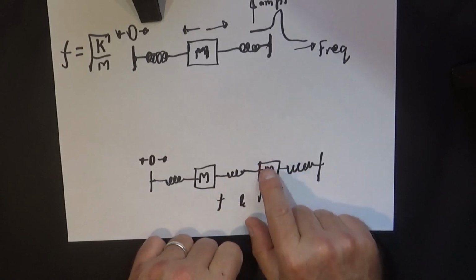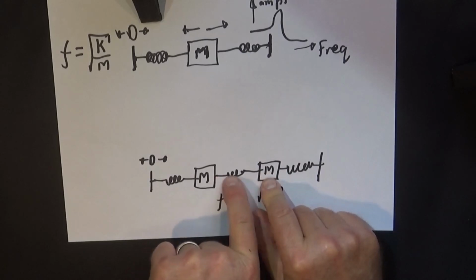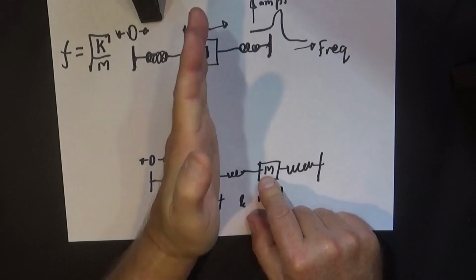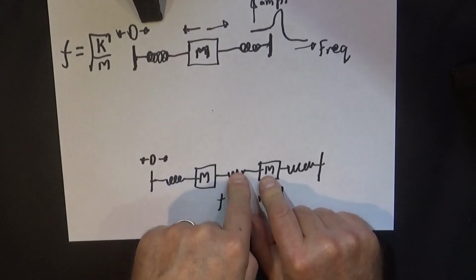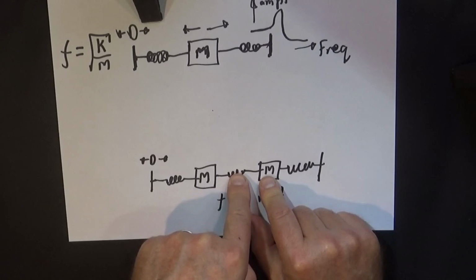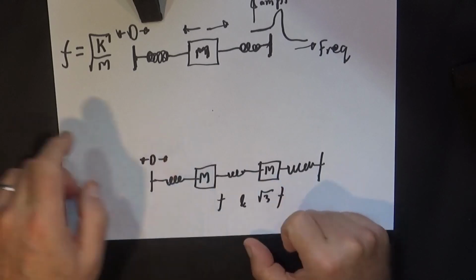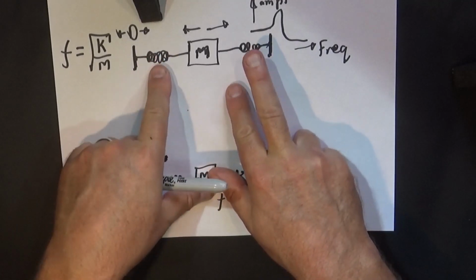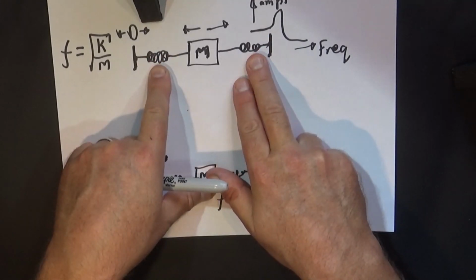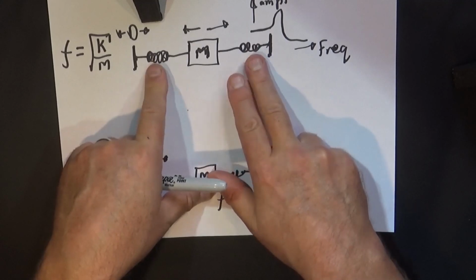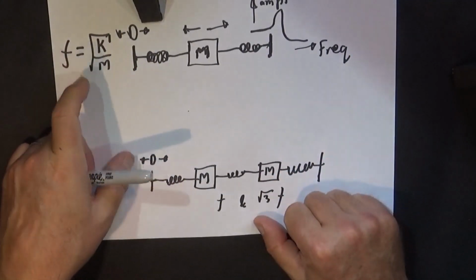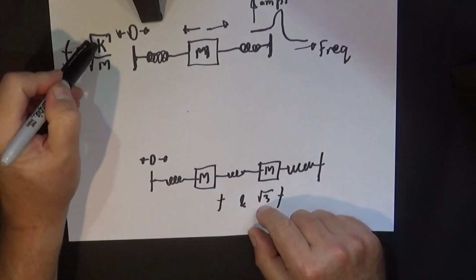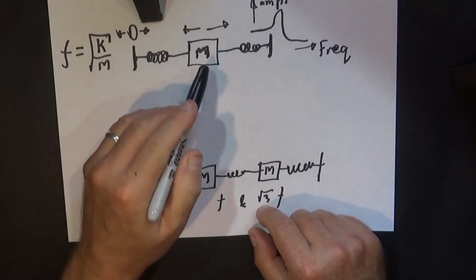So looking at it from the point of view of this mass, it's getting twice the force that way, which could just be the same as that spring anchored, but that spring with twice the K. So in this case we've got K plus K over M, which is 2K over M, which again gives us our square root of 2K over M, which is why it was 1.4.